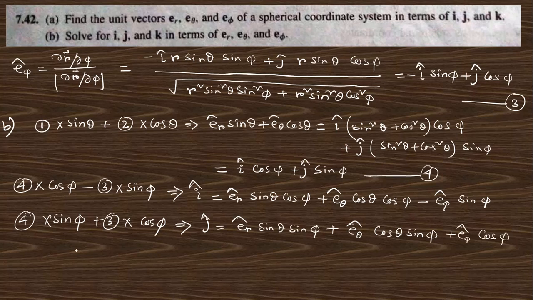This is the j cap. And for k cap you need to multiply 1 by cos theta minus 2 by sin theta. Just operate this, you will get k cap as E r cap cos theta minus E theta cap sin theta. Clear? Just do this operation, you will get I cap, j cap, k cap in terms of this.